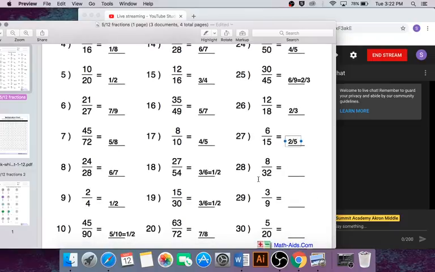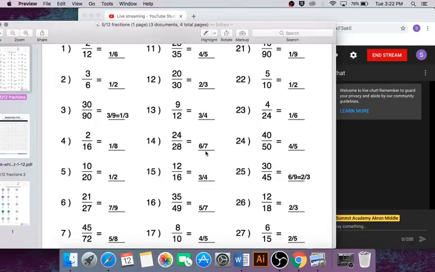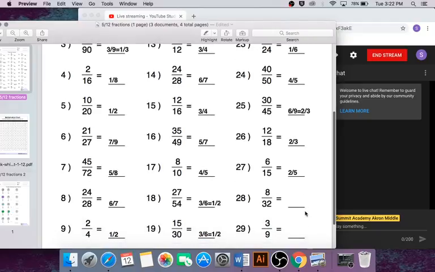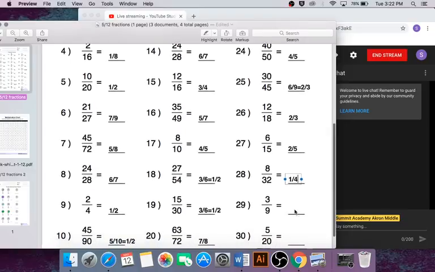Number 28, we have 8 and 32. So we can start with 8, because we know that that'll be 1. And we'll see 8 goes into 32, because 8 times 4 is 32. So we can simplify that to 1 over 4. 29, we have 3 and 9.